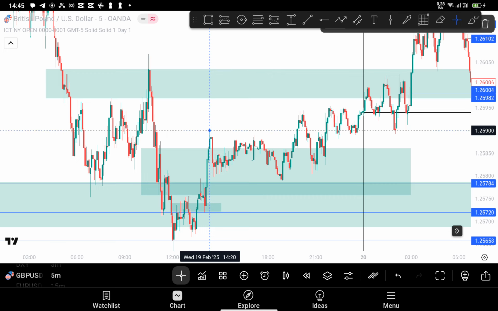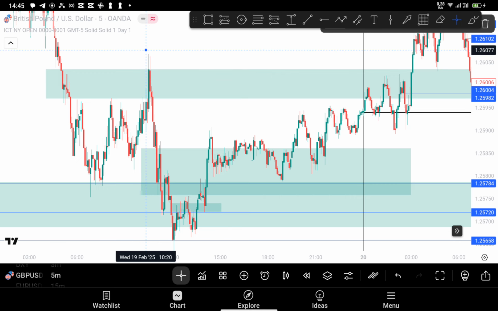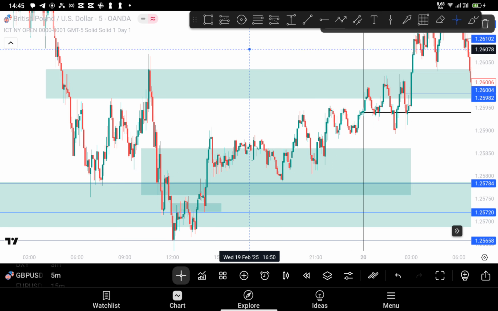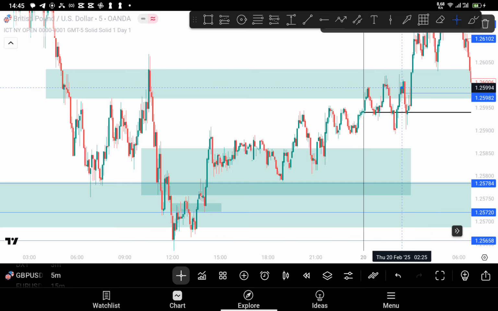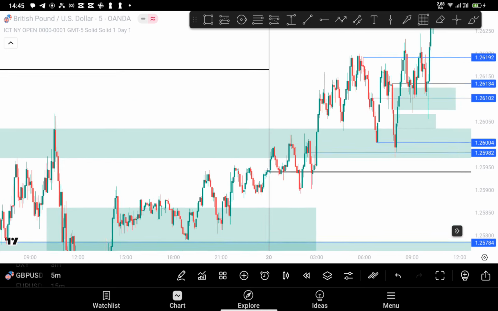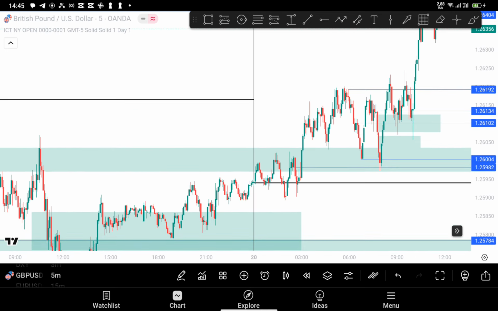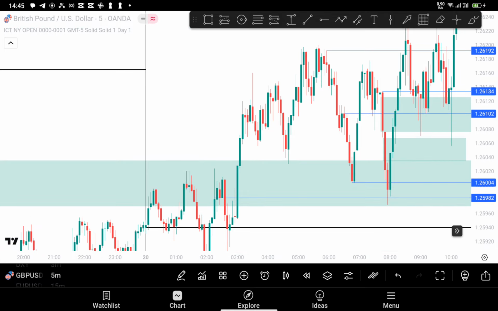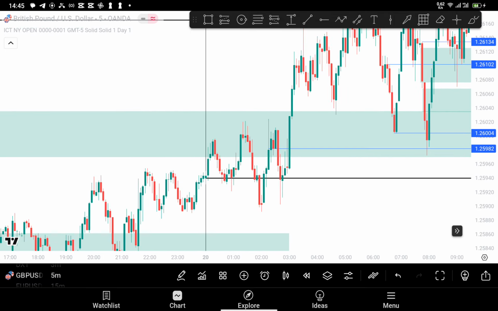And then if you were framing from this high, it didn't actually grant that during New York afternoon, but as the day closed, we went towards it and then we cleared it during Asian session. Or London, somewhere between the two. I think it's London. Yeah, in London.